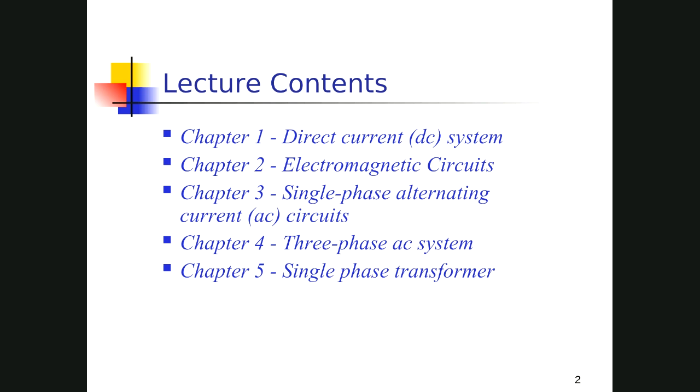Why do we put the chapter 2 electromagnetic circuits before the alternating circuits? Because the single phase alternating current circuits actually involve electromagnetic circuits. We use the magnetic field together with the mechanical force to generate electricity.